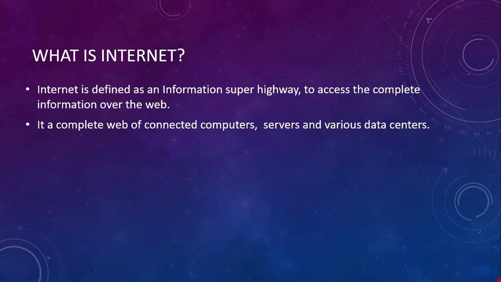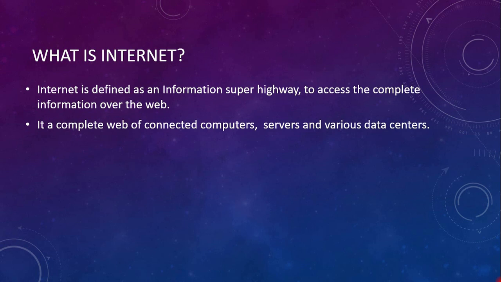So it is a complete web of connected computers, servers and various data centers. In simple layman terms, we can say that it is a complete web, like a spider web of connected computers, servers and various data centers. Suppose you have seen a spider web, how it's been connected.